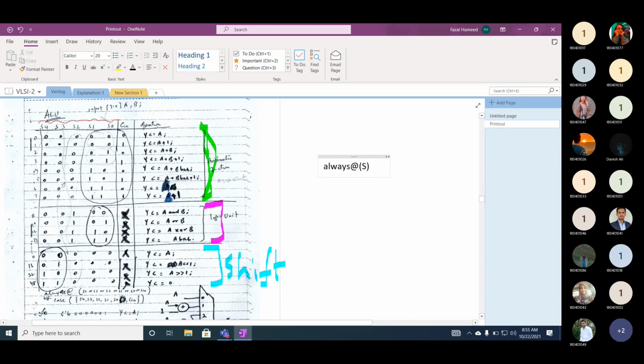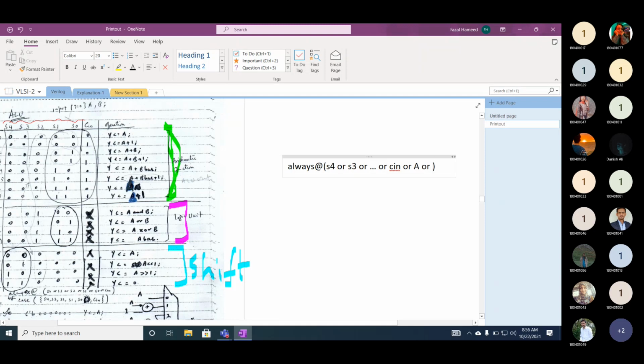Actually, the output is dependent on S4 or S3 and so on, or Cin or A or B. Then for always you need begin and end, the start of the always block, and before this there will be module and endmodule. You have to write the inputs and outputs, I'm skipping that here for the sake of time.